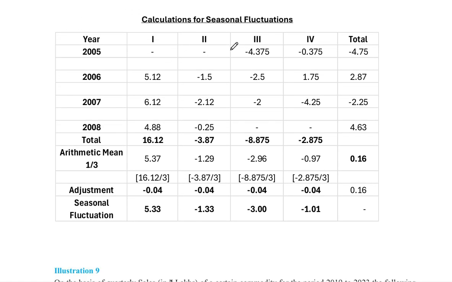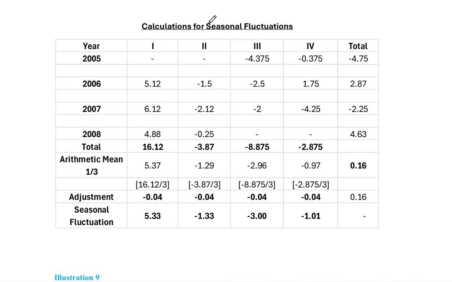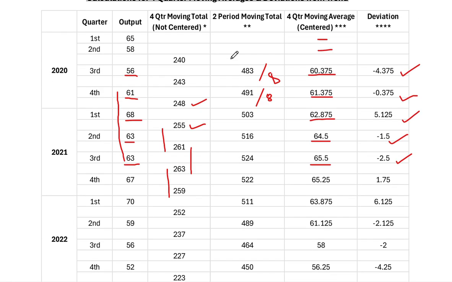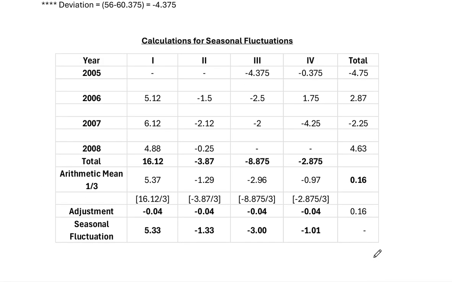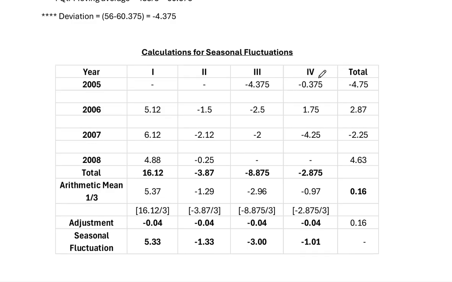Now we will calculate the seasonal fluctuations details. So we have already calculated the deviations detail in the previous table. So we will take these deviation details into the new table. So for first quarter and second quarter of year 2020 is nil. Now we will take for quarter 3 and quarter 4.